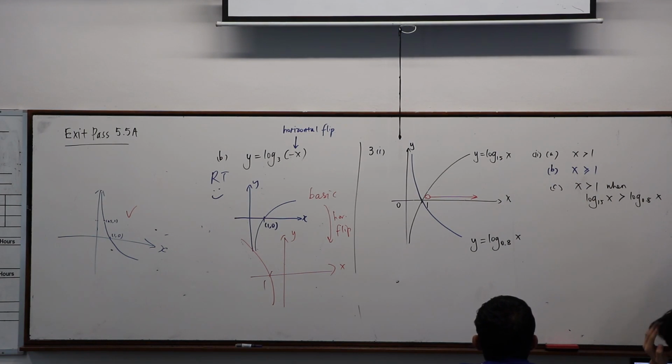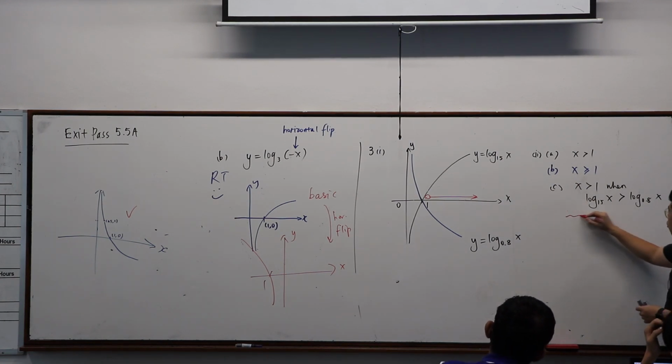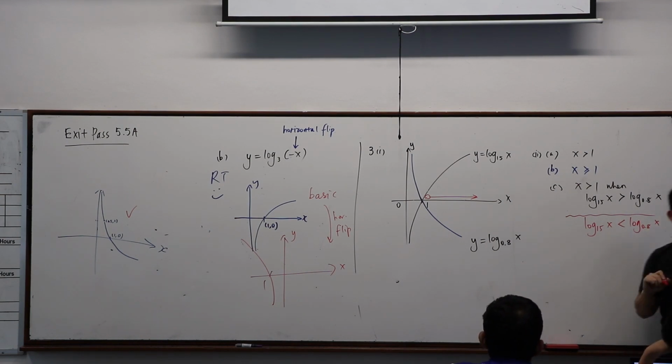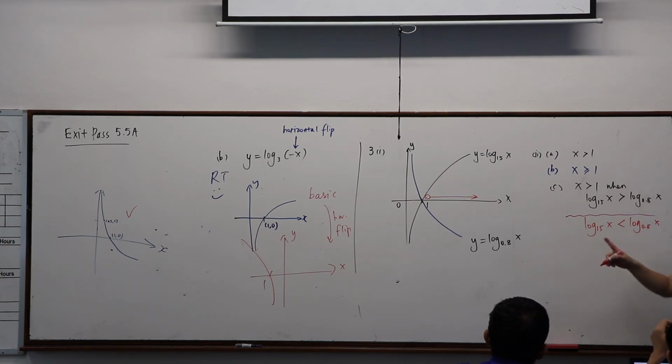Now, what about before that? Let's say the question twists a bit: when is log base 15 of x less than log base 0.8 of x? If I flip the inequality, what is my answer? When x is smaller than 1 only? Bigger than 0.